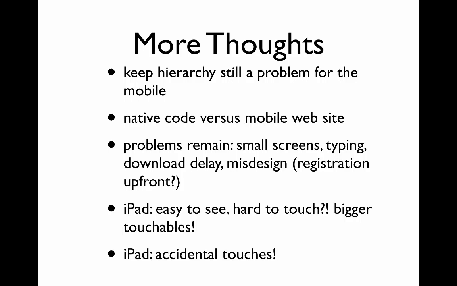That could discourage the user from coming back or from using the website. With the iPad, it's easy to see, but harder to touch, because it's a larger screen. You have to use two hands, and you might want bigger touchables as well. Accidental touches could happen on the iPad, so that's something to consider.